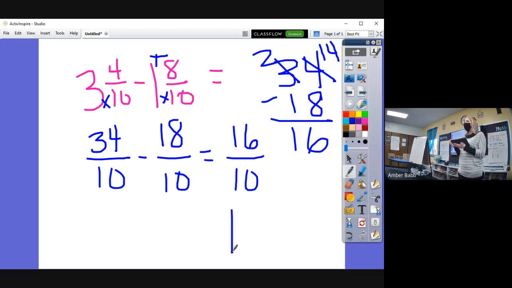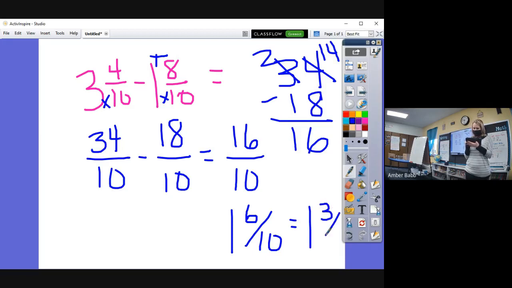And how many would I have left over? 6. You can reduce. Grayson noticed I can reduce. What can I divide both of these by? 2. And so then I would get 6 divided by 2 and 10 divided by 2. Is this side easier, having the same denominator?